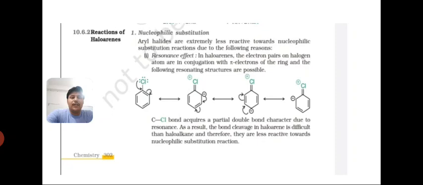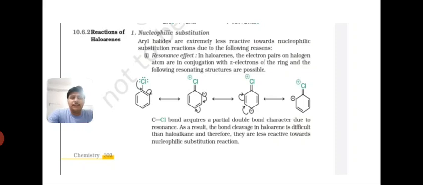To explain that, there are four reasons. The first is the resonance effect. If you see this structure of chlorobenzene, due to resonance, there is a double bond formation between C and Cl, right? Clear? So very simple point. Due to resonance, the C-Cl bond acquires a partial double bond character.